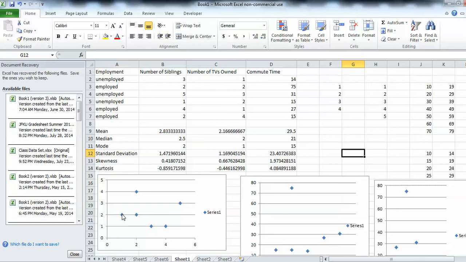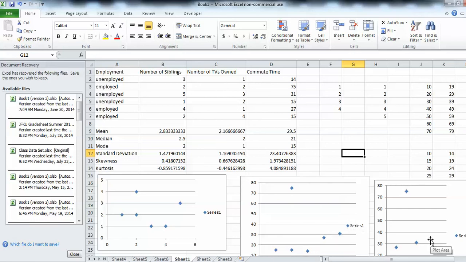I would guess that this one looks like it's maybe no correlation because it drops here and then it goes back up and it doesn't really look like it's rising or falling. This one right here, I would guess positive because it's rising. We have this one dot up here, but it still looks like it's pretty much rising from left to right.